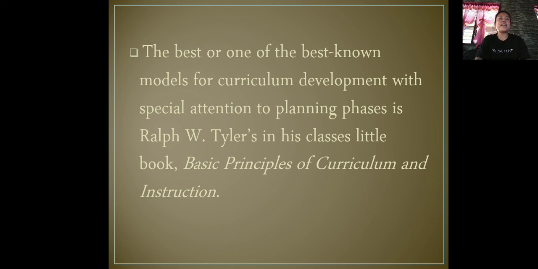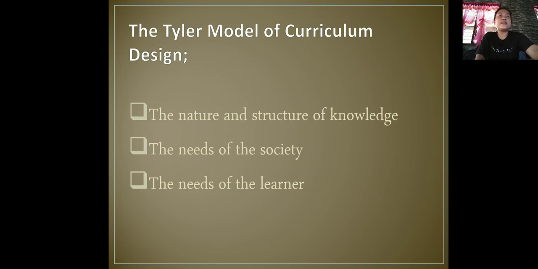Okay, next is the Tyler model of curriculum design. So we have here the 3 Tyler model of curriculum design: the nature and structure of knowledge, the needs of the society, and the needs of the learner. So, dirita sa the nature and structure of knowledge.